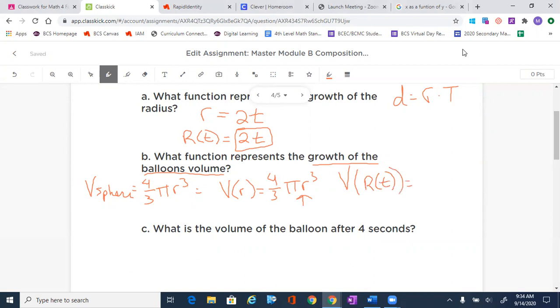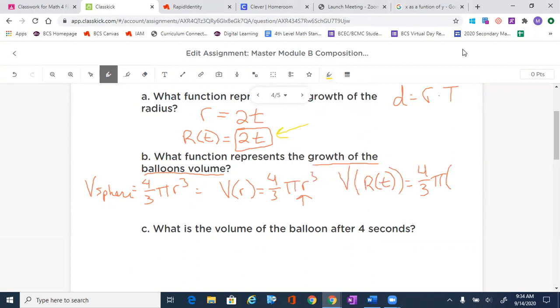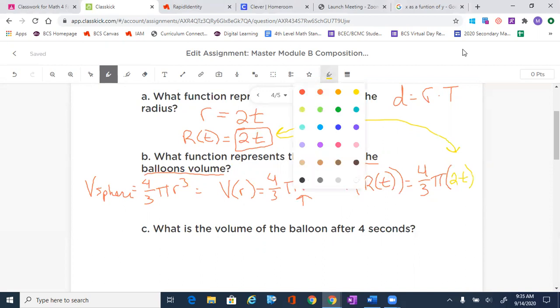Or in other words, we can start putting things in. We can say 4/3 pi, and then r, which we know is 2t. So I can plug 2t in there, and then cube that.